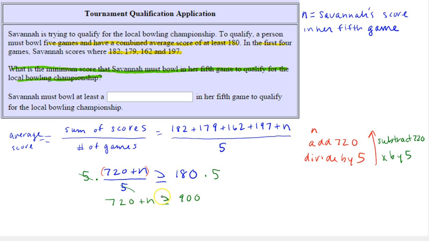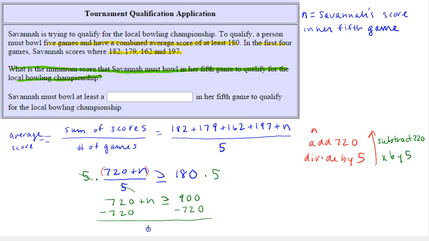Now we're going to subtract 720 from both sides. So right now it's like saying the total sum of her scores has to be greater than or equal to 900. The 4 scores she's earned so far total 720. What's the least amount that the last score has to be? Well, that would be taking the difference between 900 and 720.